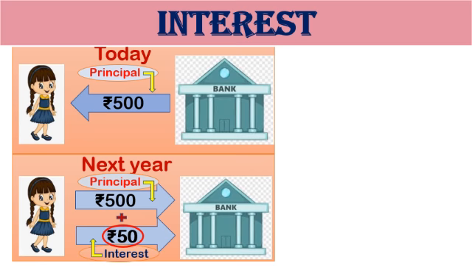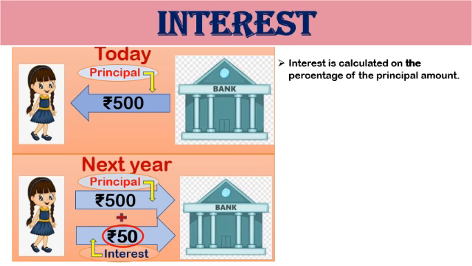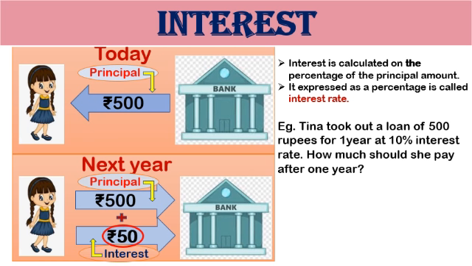Then how to calculate interest, children? Interest is calculated as a percentage of the principal amount, and the percentage is called the interest rate. See this example. Tina took out a loan of 500 rupees for 1 year at 10% interest rate. How much should she pay after 1 year?